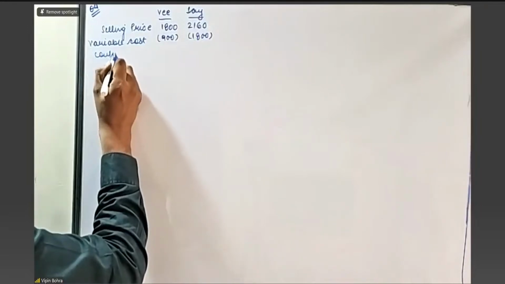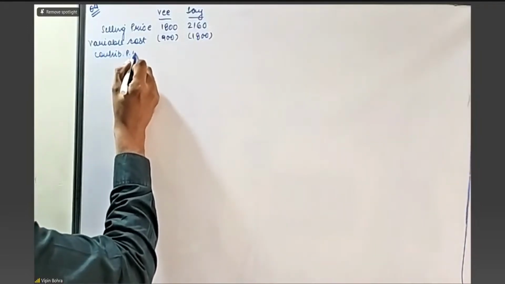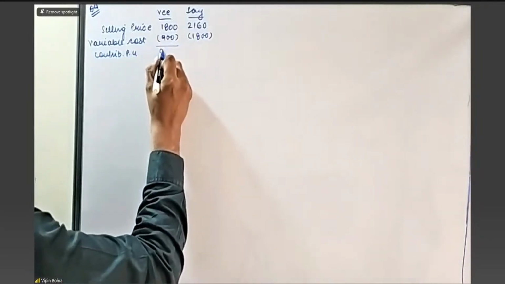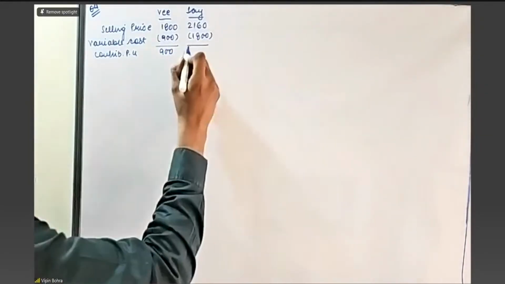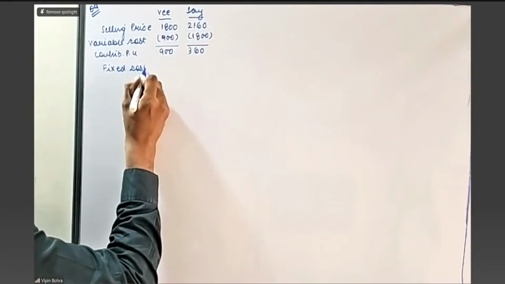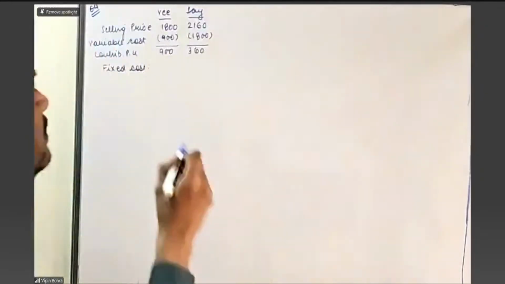Therefore, my contribution per unit will be 900 and 360. My fixed cost is given, that is 88,000.